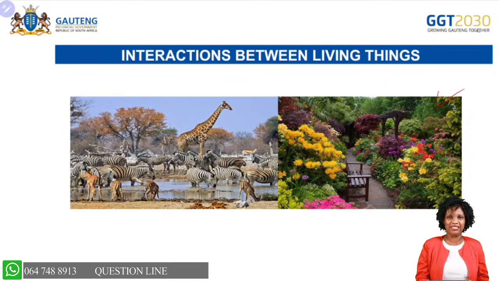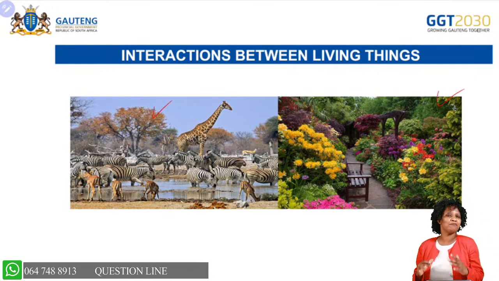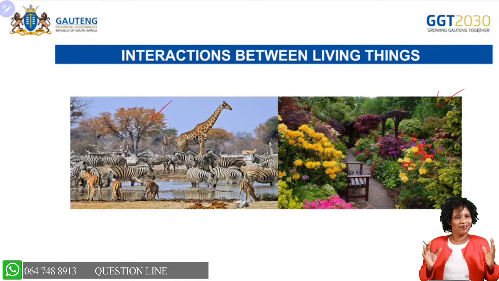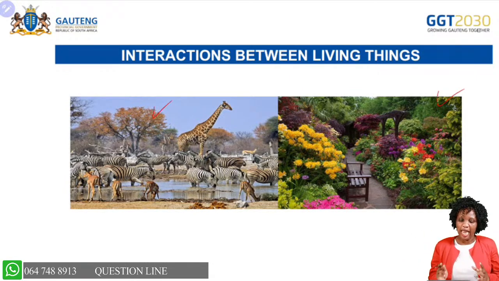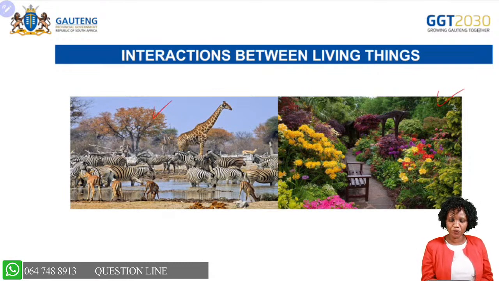All these are different types of flowers. And then on this other photo here, you can see different types of animals in one area, in the same environment. And then this type of group here, it is a community.